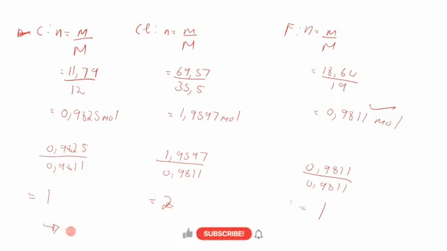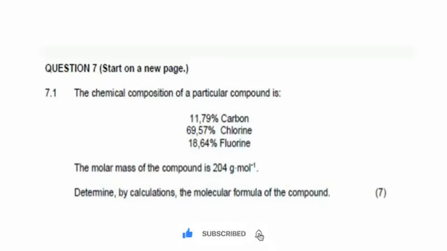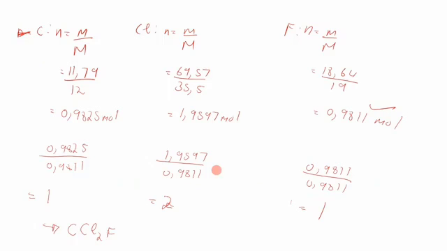So writing our empirical formula, it will be CCl2F. But remember, the question here is asking for the molecular formula of the compound, and we are given the molar mass to be 204 grams per mole. So what must we do now? Remember, when we want to calculate the molecular formula, the first step is to first calculate the molar mass of the empirical formula.